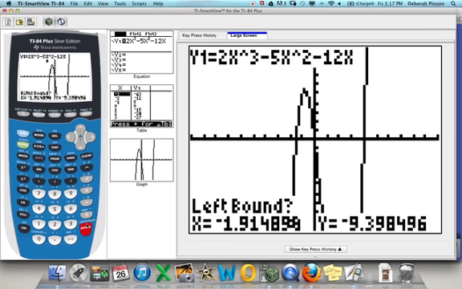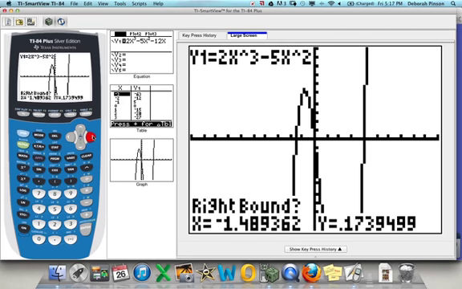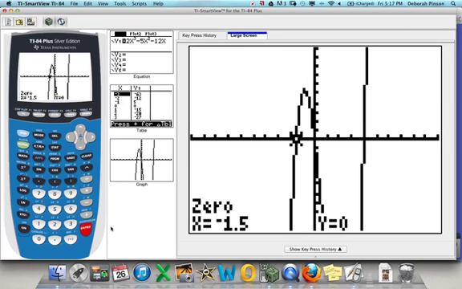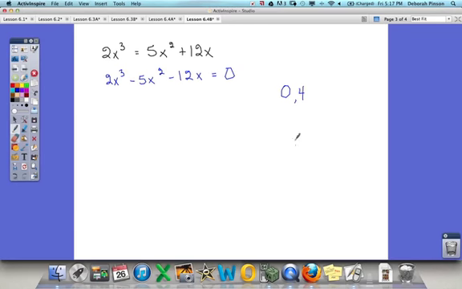Okay. Enter, and then give it a right bound, so I want to give it something up there. Okay, that's fine. Remember, the arrow should be pointing at each other. If you want to guess, go for it. If not, hit enter. And it'll give me my value, so negative 1.5. I'm going to write that as negative 1 1/2.